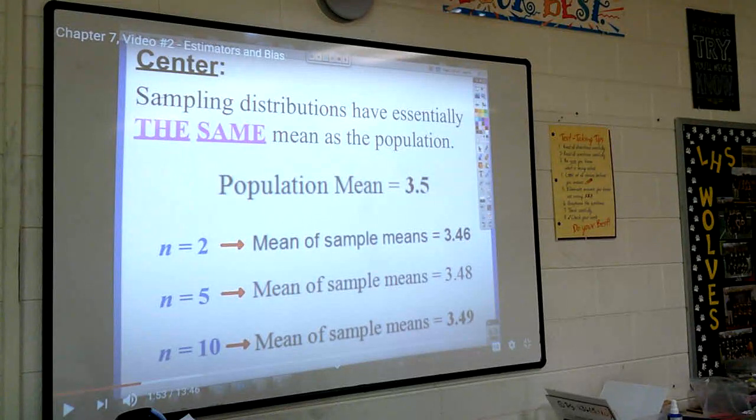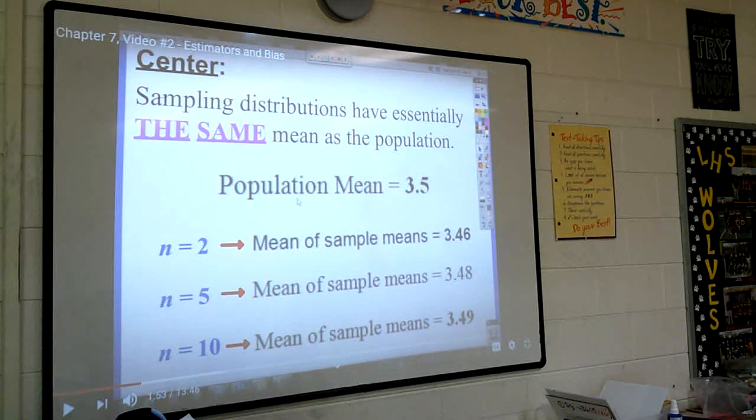So what you see happening is the bigger your sample size, 2 rolls, 5 rolls, 10 rolls, the closer you should get to the population mean. It doesn't always happen that way, but it should if it's unbiased. You should get closer and closer to the real mean the bigger and bigger your sample is.